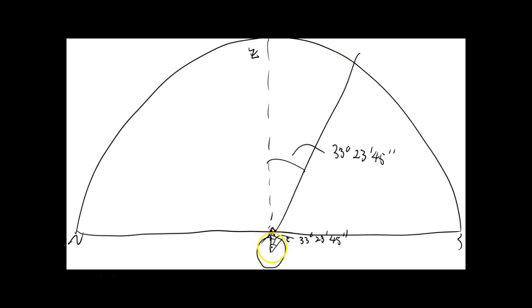Mirroring what this is. Those are equal angles. So the question is, the altitude over the southern horizon, which is right down here, of the celestial equator, which is right here. So what is that distance? How do we get it?